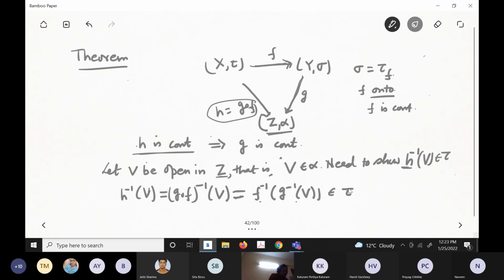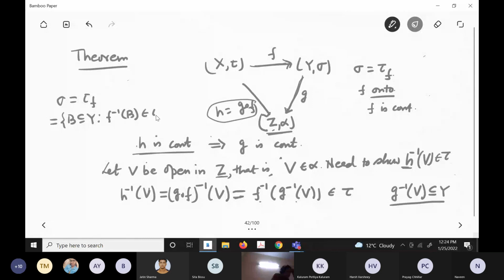But look how quotient topology was defined. Here V is given, so G inverse V belongs to the subset of Y, sigma tau F, which is precisely the set of subsets of Y such that F inverse of the set belongs to tau.